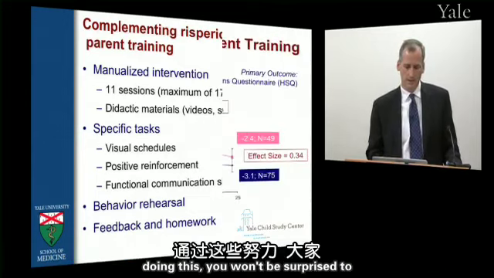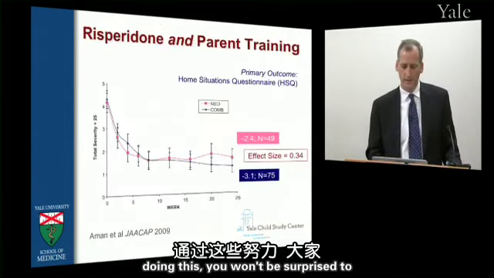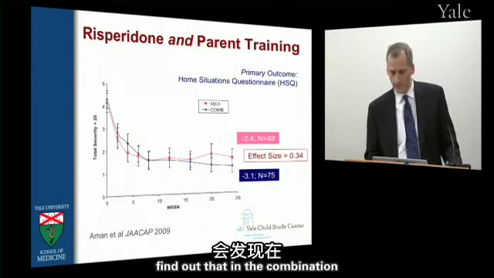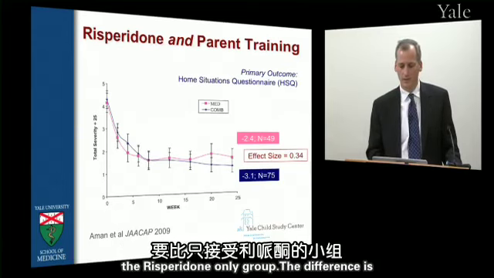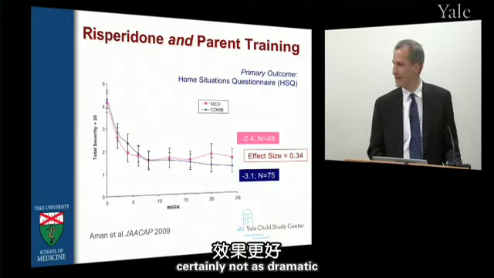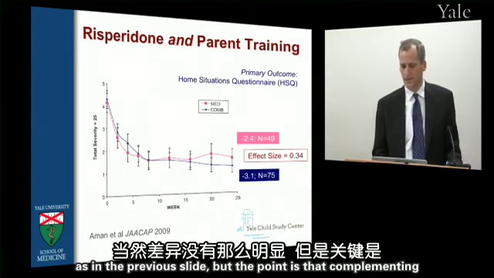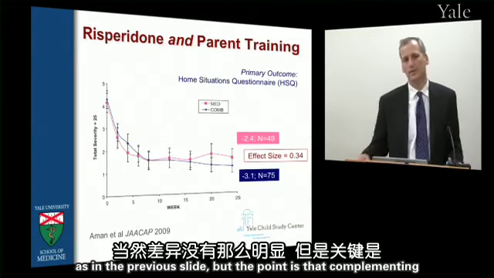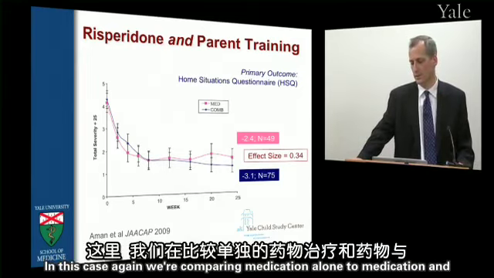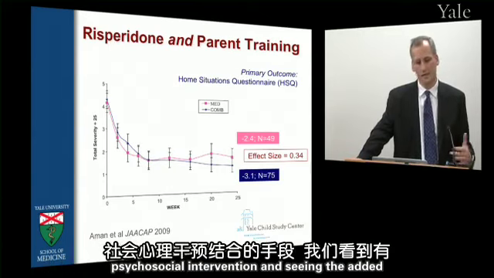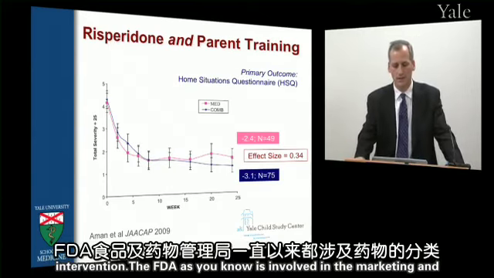In doing this, you won't be surprised to find out that in the combination group, here represented in the blue line, things went better than in the risperidone-only group. The difference is certainly not as dramatic as in the previous slide, but the point is that complementing medication with behavioral interventions gives the best of both worlds. In this case, we're comparing medication alone to medication and psychosocial intervention and seeing the added benefits of adding this intervention.